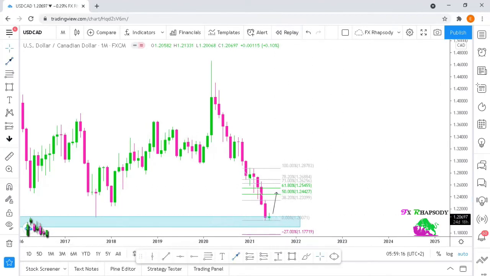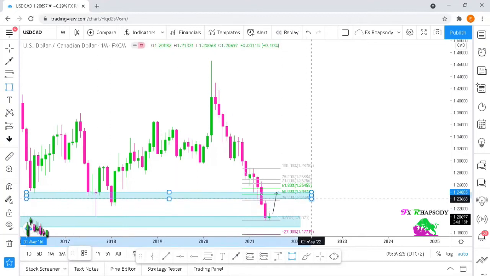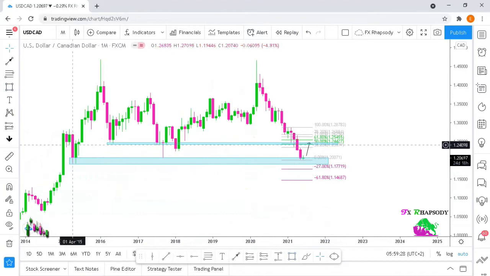And if you draw that right there, there's a nice key area. If you draw that right there, it's a nice support area. If you would agree, it's a nice area where price has been supporting against.